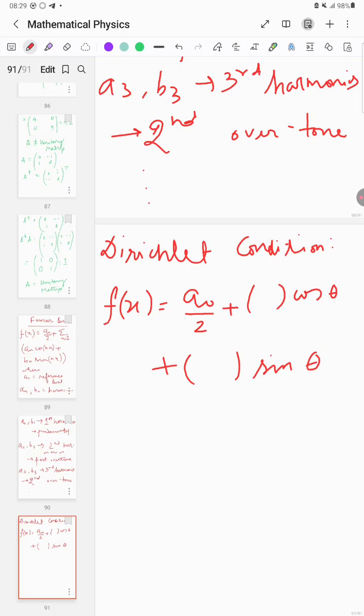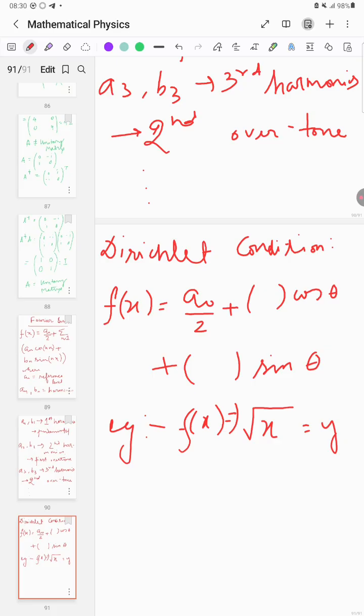So for example, if we consider f of x is equal to root x is equal to y. Alright, so this cannot actually satisfy the Dirichlet condition.